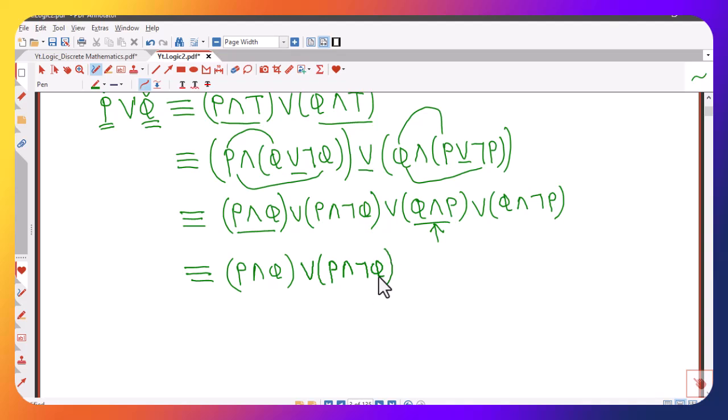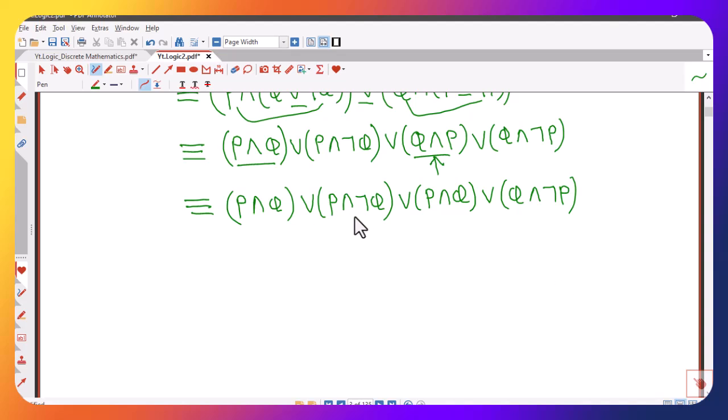So let me write one more step. Here I am writing P and negation Q, and here I am writing Q and P as P and Q, that is P and Q, or Q and negation P. Again I can use commutative law. I can change the order of these two. So let me write one more step.